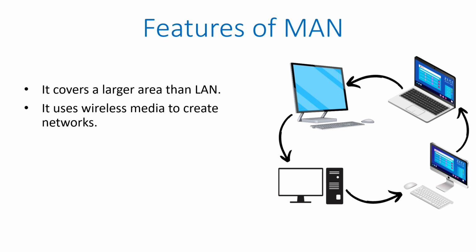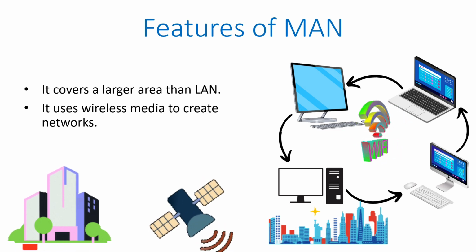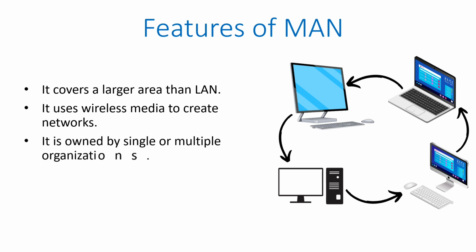That's why the computers in this network are connected with the help of wireless transmission media as well as the cables. And the next one is it is owned by single or multiple organizations. So metropolitan area network may be of single organization or it may be owned by multiple organizations. So these are some of the features of metropolitan area network.